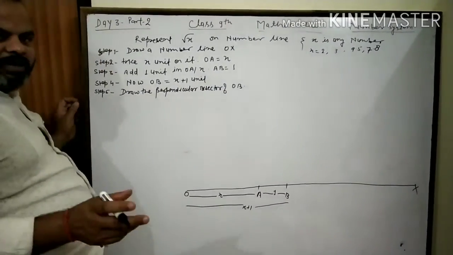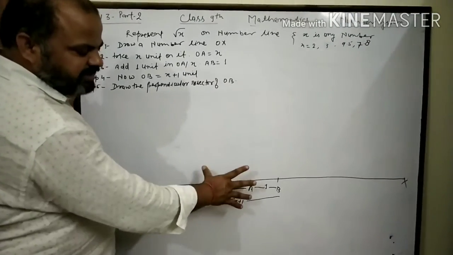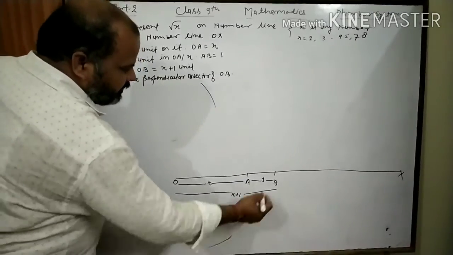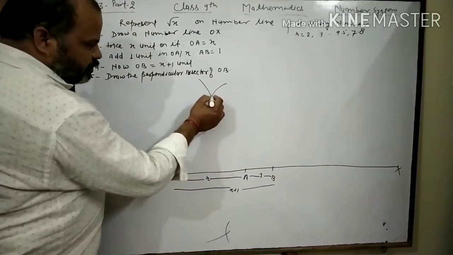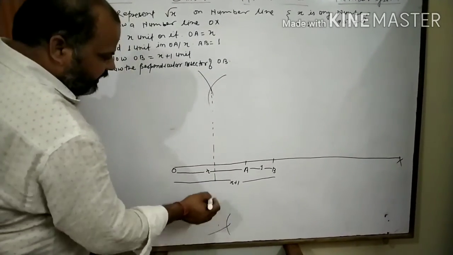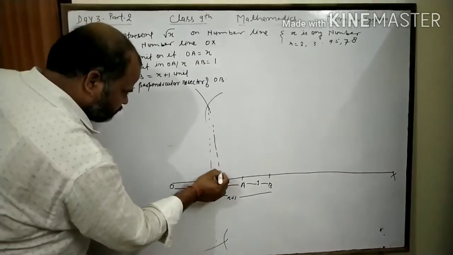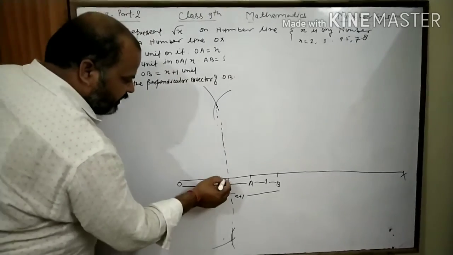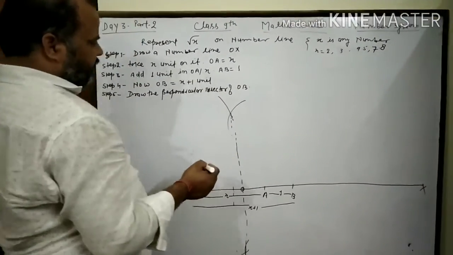Then you know that if you want to make the perpendicular bisector, then with O as a center take more than half the distance of OB and cut an arc on both sides like this way, with the same radius from B also. Then you join like this way. Then you get the midpoint of line OB by this way.